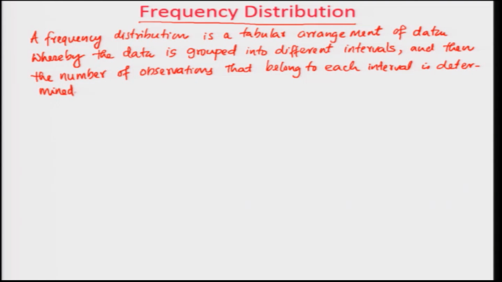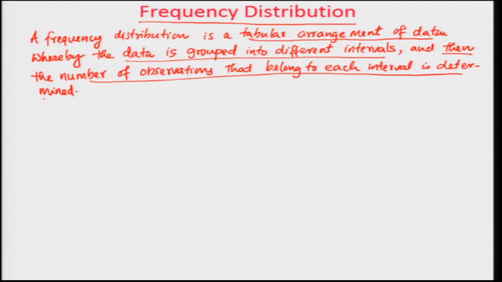So, you arrange the data in a tabular format where data is grouped into different intervals. Which means that you have taken different intervals of data and everything within that interval is counted as belonging to the same category, and then the number of observations that belong to each interval is determined.